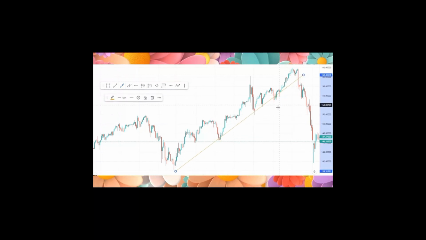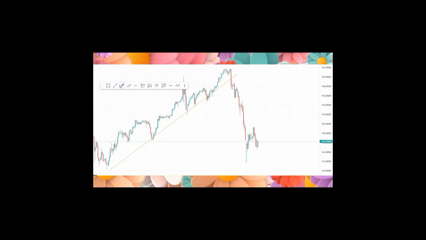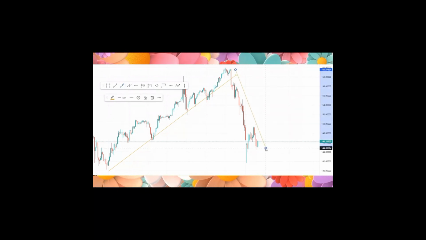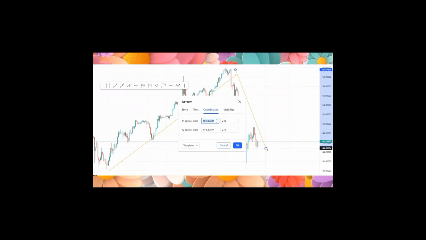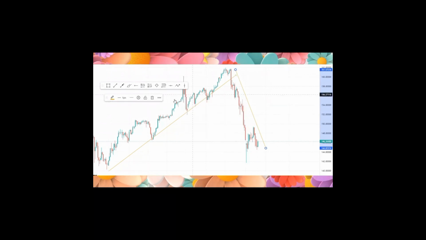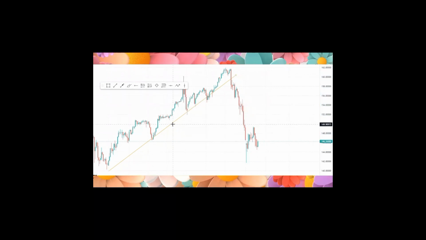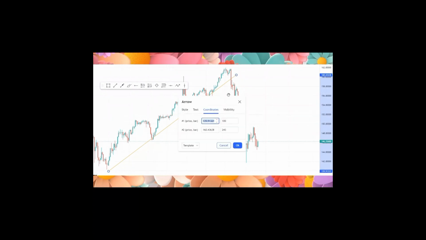Okay, this market was moving to the upside this way before the whole of this downtrend after the M pattern that we are seeing. And as you know, the highest time frame you can get on this Binary TradingView site is 24 hours, so that is the daily time frame.